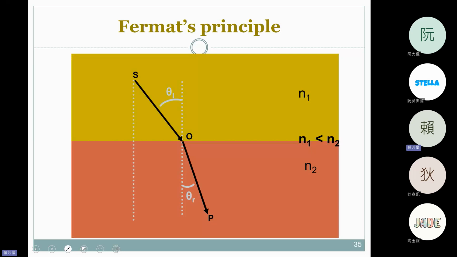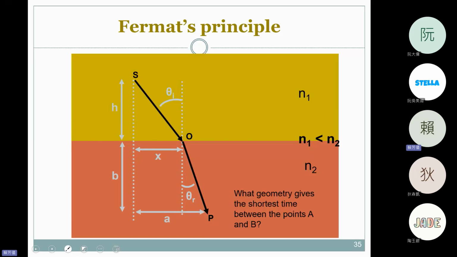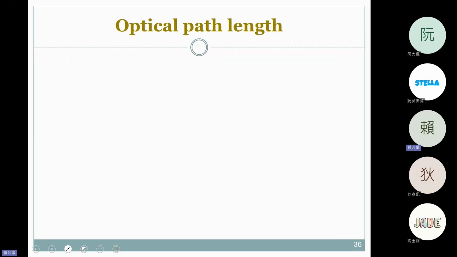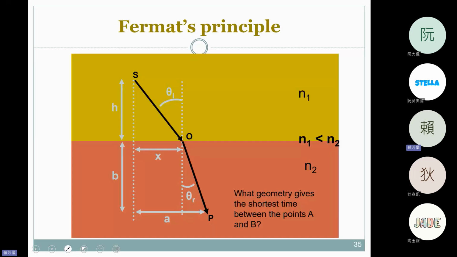Okay, this is how Fermat proved that his concept is correct. He used a geometric method to prove it, and he needed to show this is the time. Setting dt divided by dx equal to 0, we can find the extreme value of t.